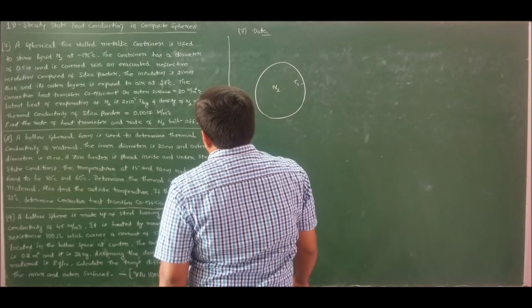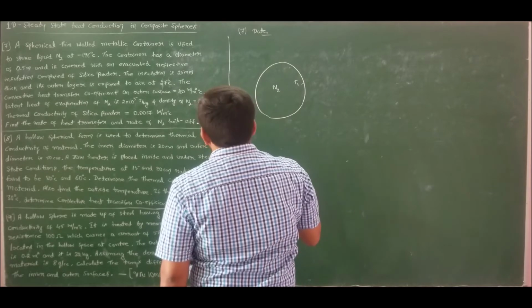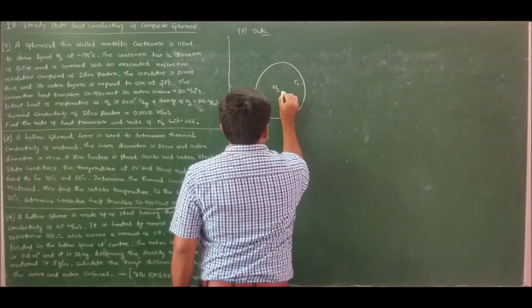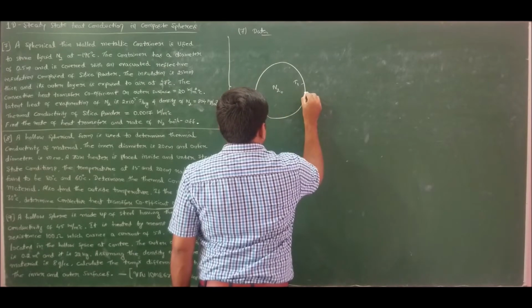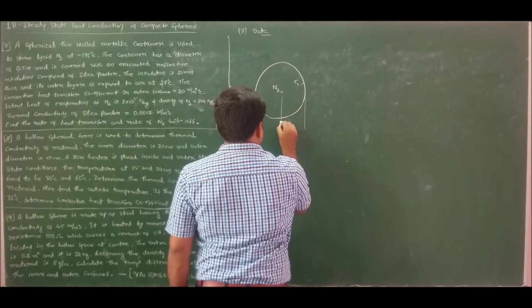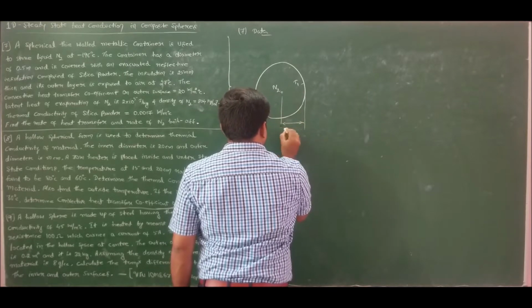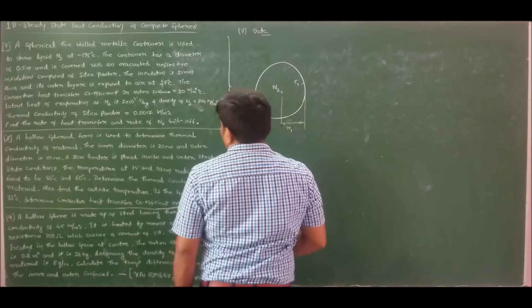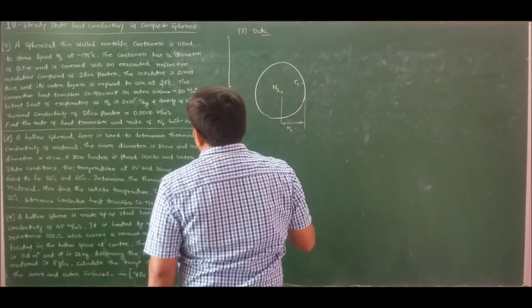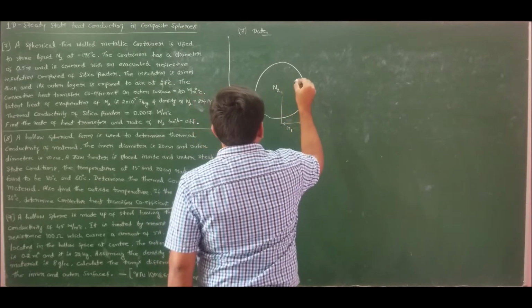The container has a diameter of 0.5 meters. As specified the diameter of this container, we find out the radius. Let us take the radius as R1, and it is covered with an evacuated reflective insulation composed of silica powder.